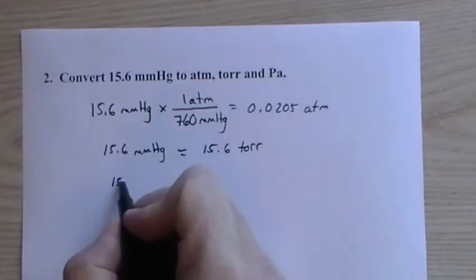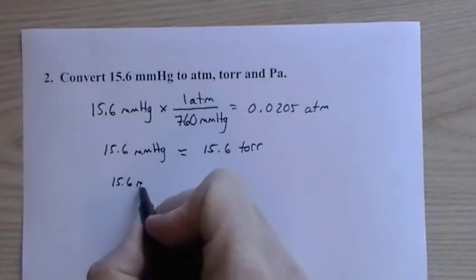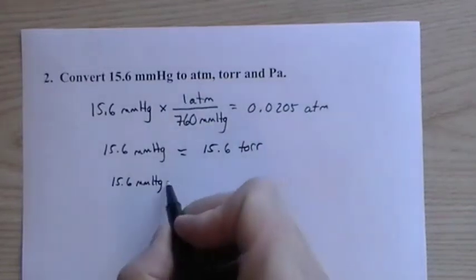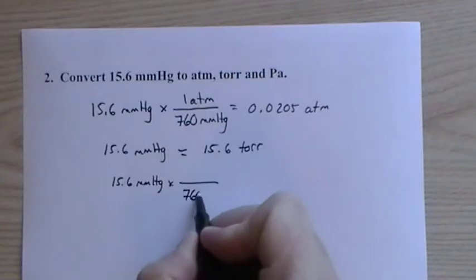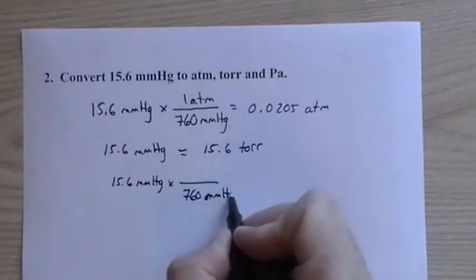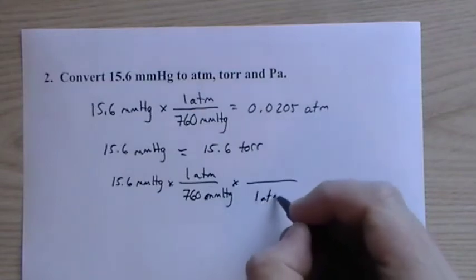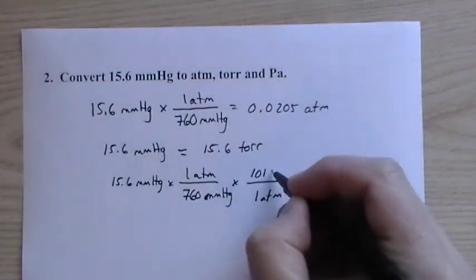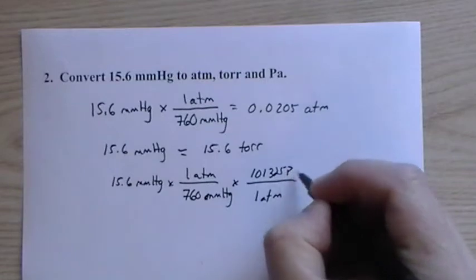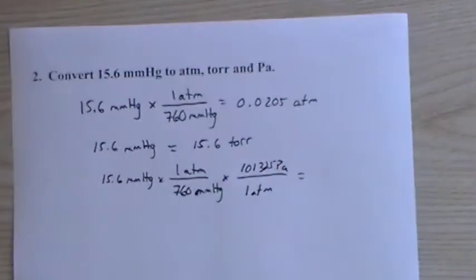And then if we want to convert to pascals, we'll start from the beginning, even though we could use atmospheres up here. 760 millimeters of mercury is 1 atmosphere. And another conversion factor you should know, 1 atmosphere is 101,325 pascals. Pascal is an SI unit of pressure.